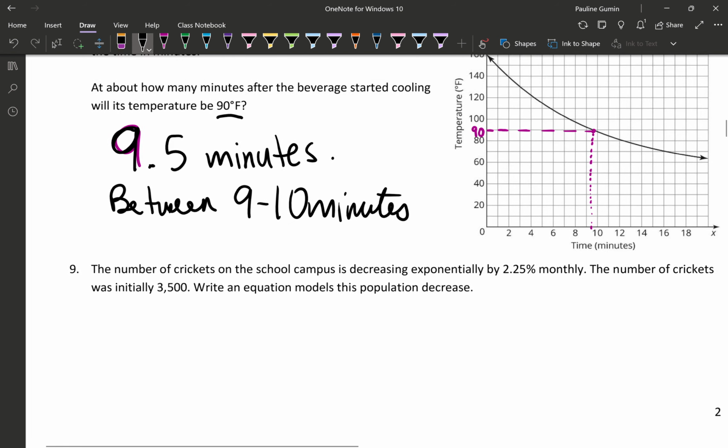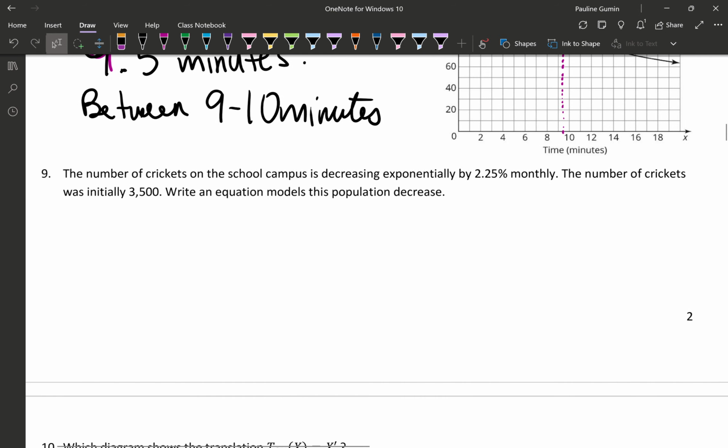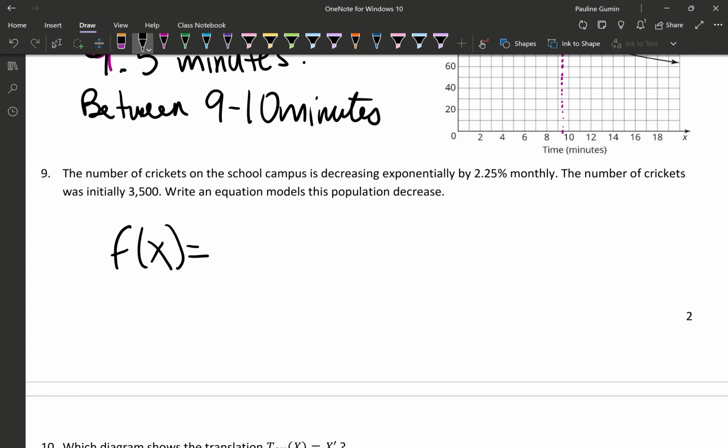Fantastic. Number 9. The number of crickets on the school campus is decreasing exponentially by 2.25% monthly. The number of crickets initially was 3,500. Write an equation that models the decrease. All right, let's do it with f of x. We start with the original number of crickets, which is 3,500.